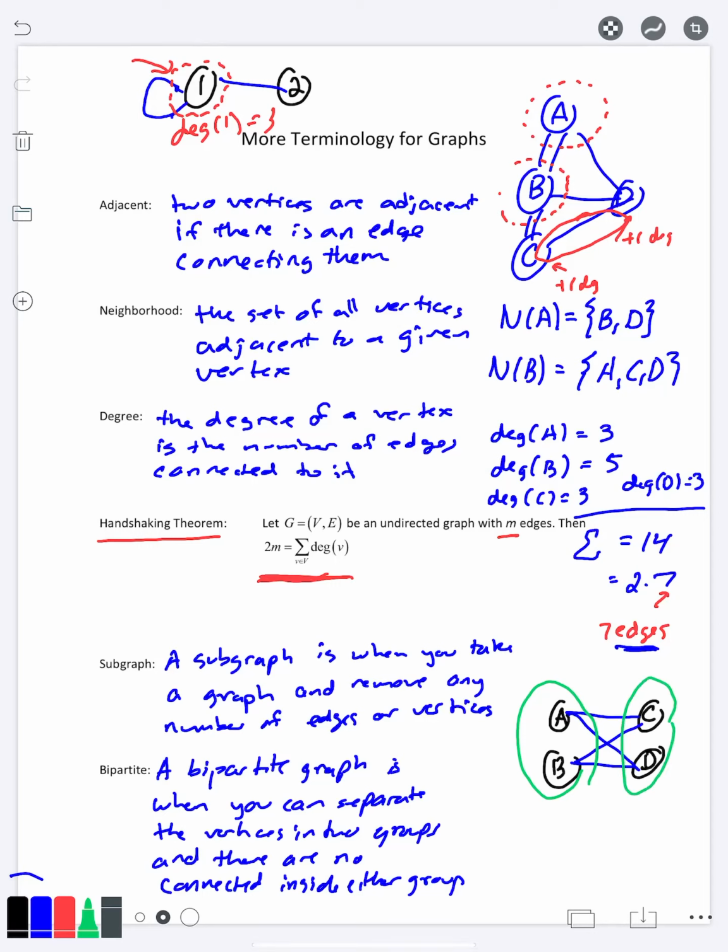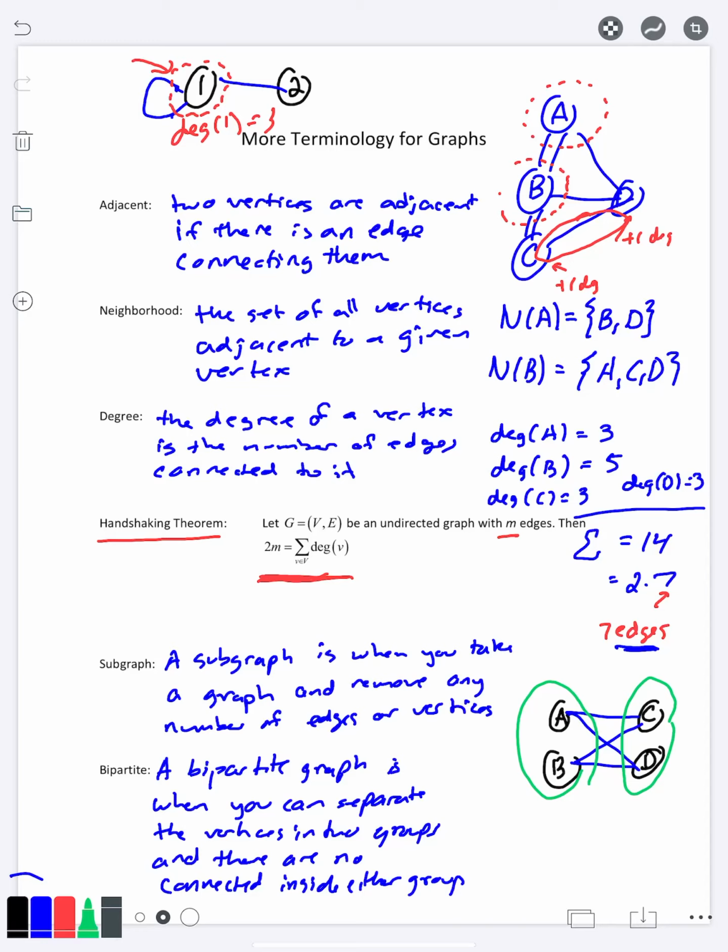So you notice how the left side here, there's no edges going between A and B, and the right side, there's no edges going between C and D. And so this is what's called a bipartite graph, is that you can split up your graph into two parts and you have connections between the two parts, but you will not have any connections completely within one part.